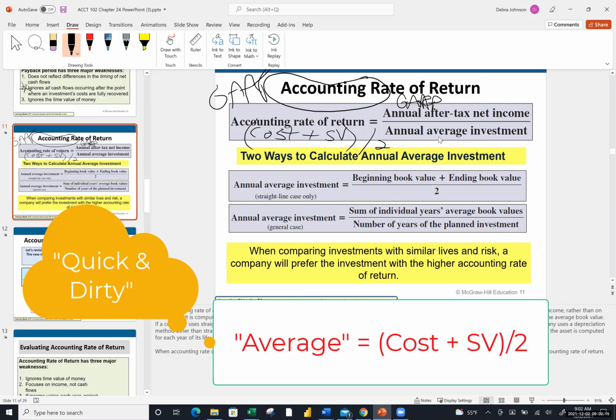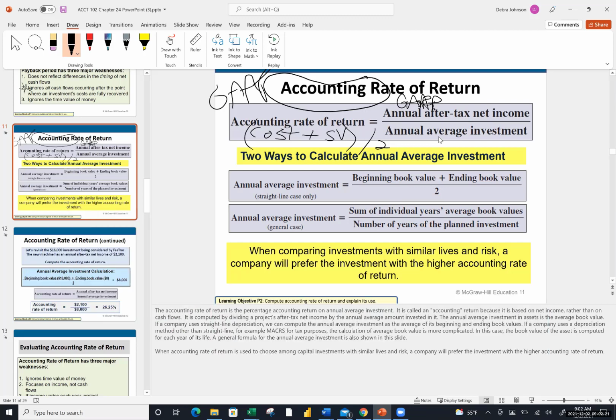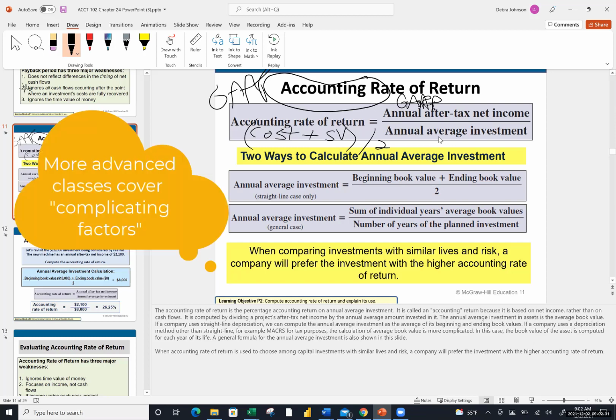Just know that there's very accurate averages and then there's loosey-goosey type averages. Because it's a survey class, your author is using one of the easiest ways to calculate the average. When you take that upper level finance class, hang on to these notes. They'll come in handy, but your instructor will dive deeper into what we're going to be looking at.